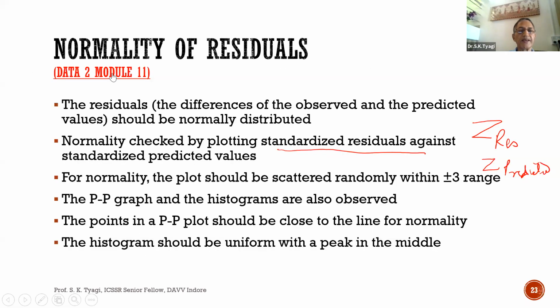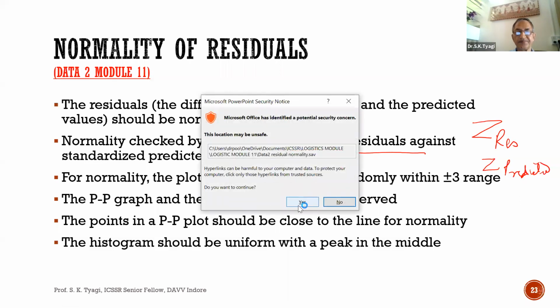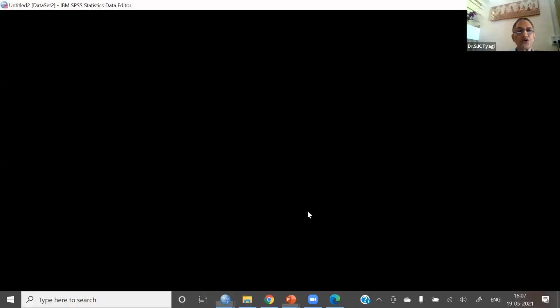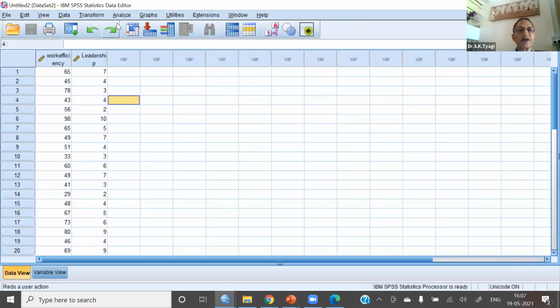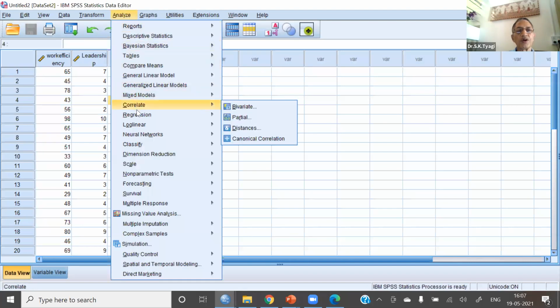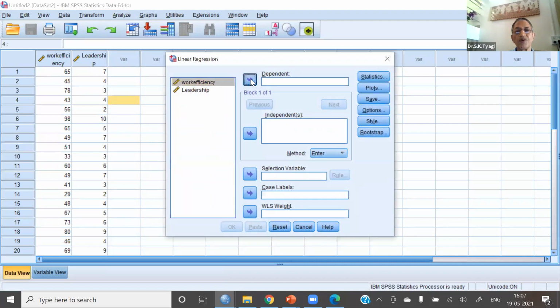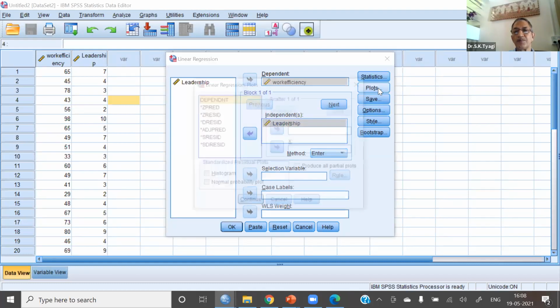So this is again the next data set, and we will go to plot the same data. We go to analyze, regression, linear, work efficiency, leadership, and this time plots. I am taking things one by one.